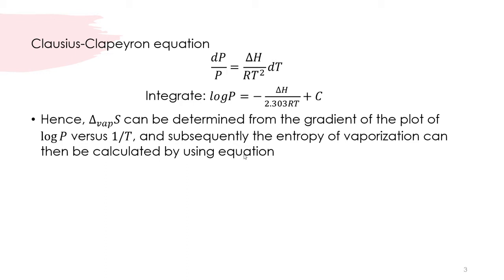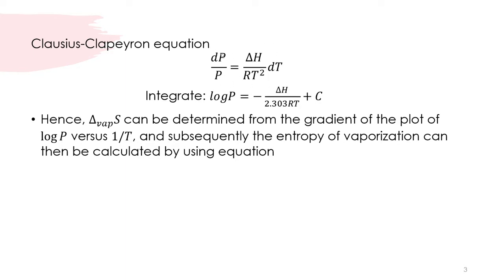Alright, so if you go through the lab manual, there are a series of equations which actually intend to derive the Clausius-Clapeyron equation. So the derivation isn't complicated, so just go through those equations and it will lead you to this equation.